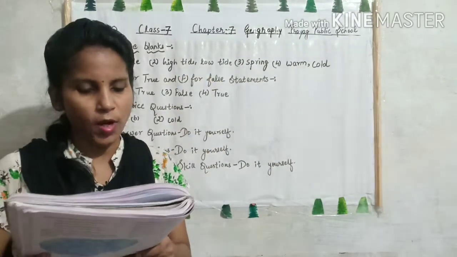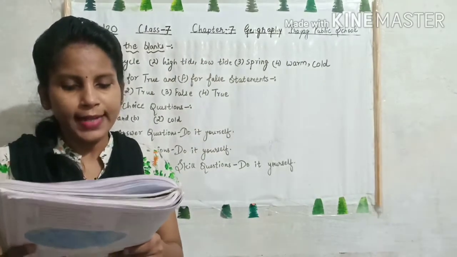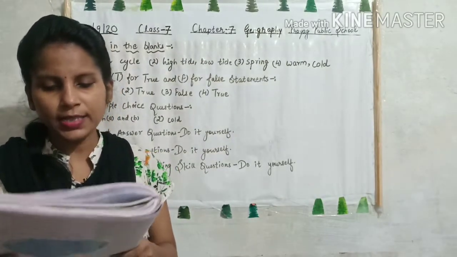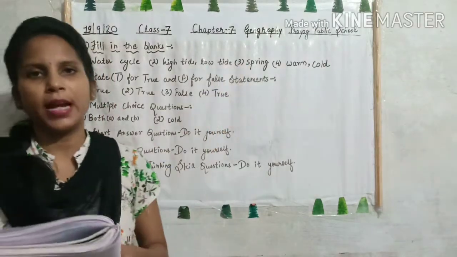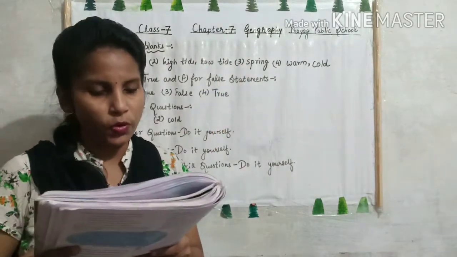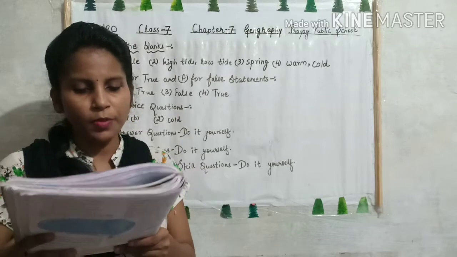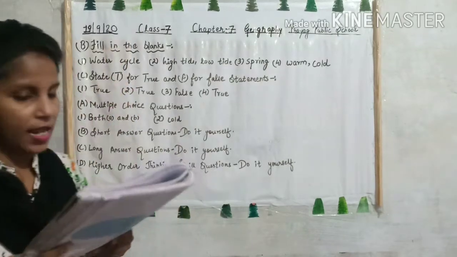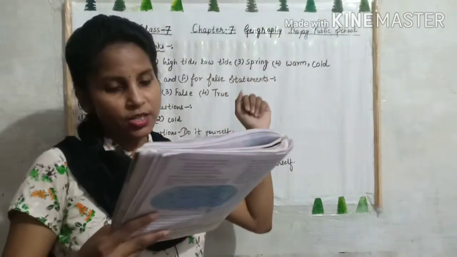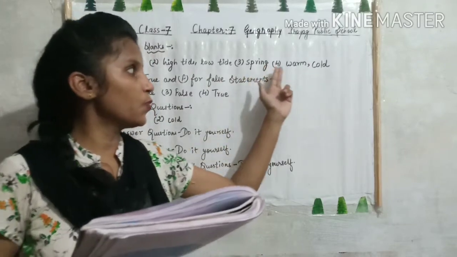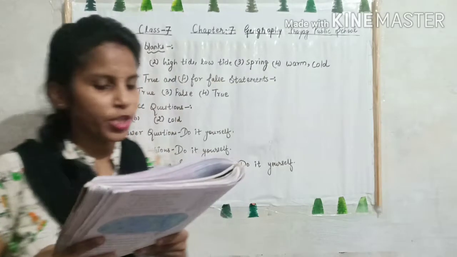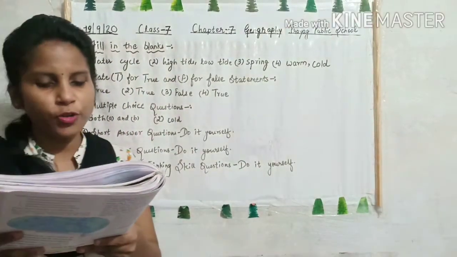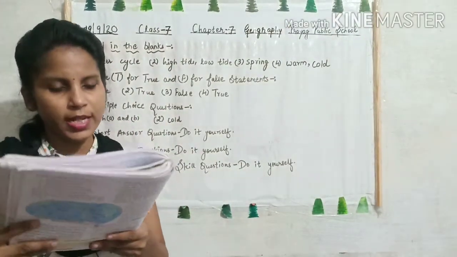Then third one, during full moon tides are highest. These tides are called dash tides. So the answer is spring tides. Then fourth one, dense fog is formed when dash and dash currents meet. So the answer is warm and cold currents meet. Now question number C, write T for true and F for false statements.